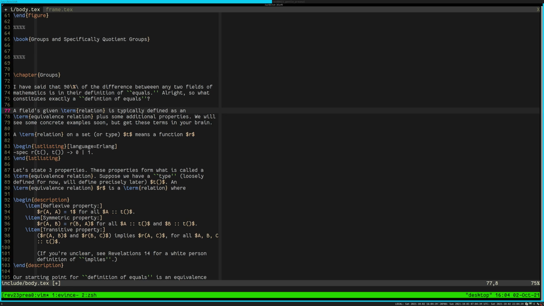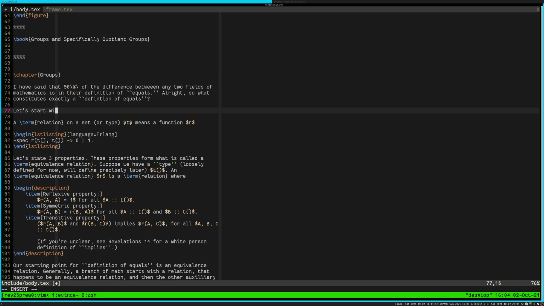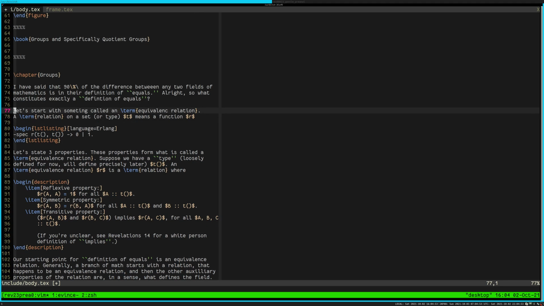Let's start with something called a term equivalence relation, which means a function R with the following three properties.